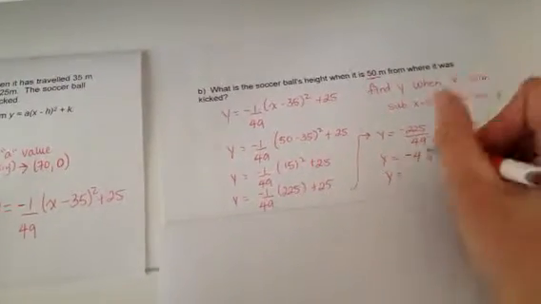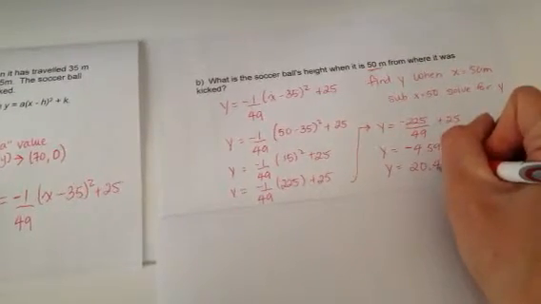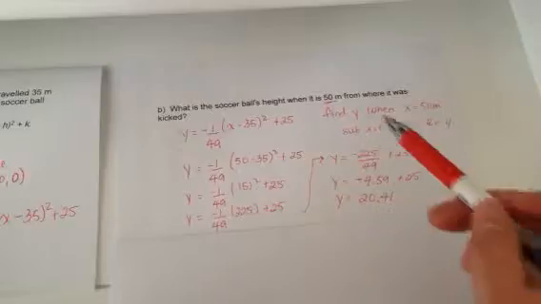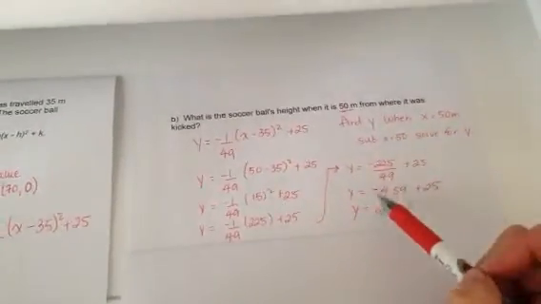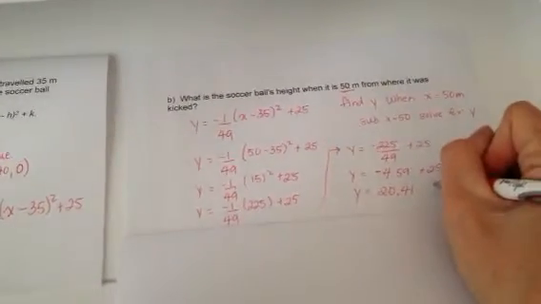And that gives us 20.41. So that means the ball's height when it is 50 meters is 20.41 meters.